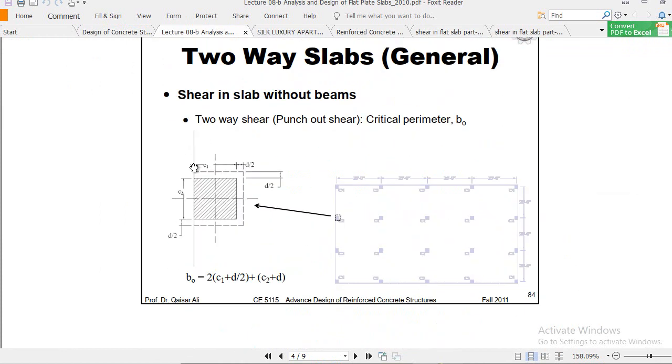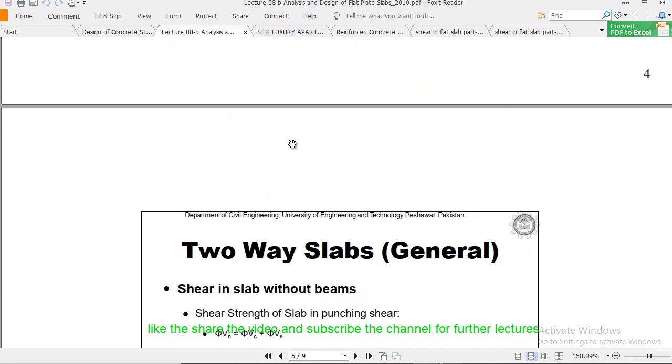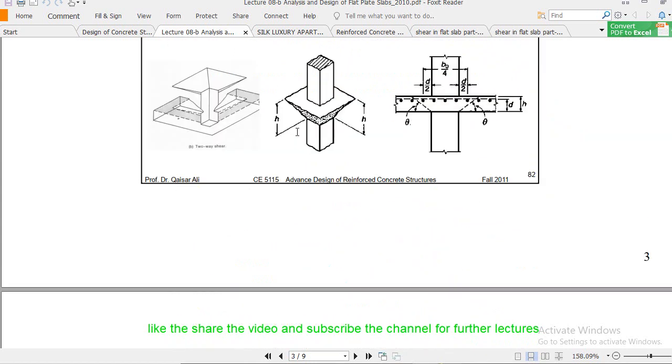As in this case, for a conservative approach, you can choose the beta naught value as we did in our examples. Similarly for this, and similarly, although it doesn't show it for the corner column, you can calculate it for the corner column as well.